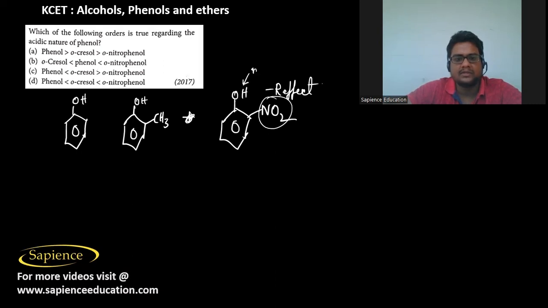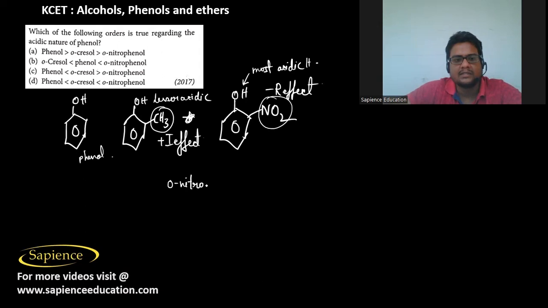So this hydrogen will be the most acidic hydrogen, and here the methyl group has got plus I effect, which is the positive inductive effect. So it will increase the electron density in the benzene ring. So it will decrease the acidity of this hydrogen. So this is less acidic than phenol also.